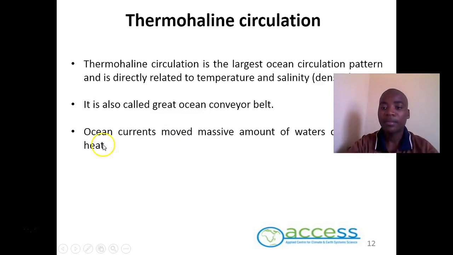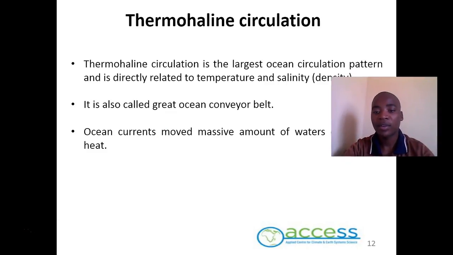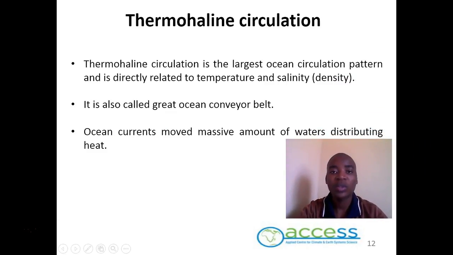Now, the second type of ocean circulation is what we call thermohaline circulation, which is the largest ocean circulation pattern and is directly related to temperature and salinity, which is density. It is also called the Great Ocean Conveyor Belt.